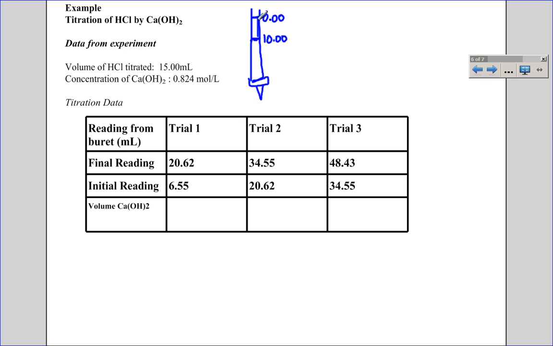That means that I've added 10 milliliters of solution. If I do a second titration and I stop at 15, then in this case I know that I've added 5 milliliters of solution. And I can see that by taking my 15, where I finish my final reading, and subtracting my initial reading of 10.